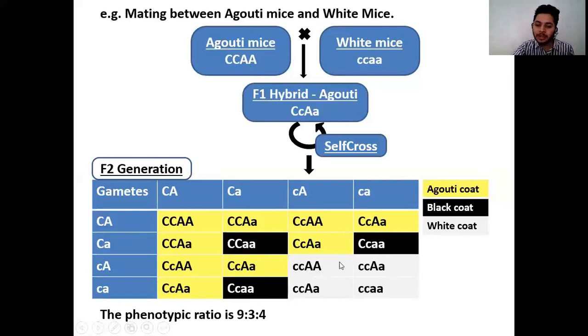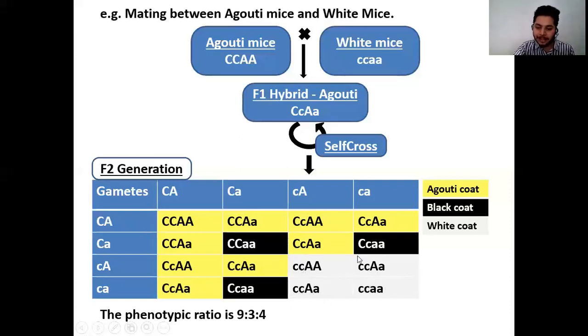Now the remaining 4 offsprings, in all these 4 offsprings, the epistatic locus is occupied by the recessive genotype. So here you see small c in all the 4 different genotypes. Here the epistatic locus will express itself in the homozygous recessive condition and will not allow the expression of my hypostatic locus in whatever condition it may be. So irrespective of that, my epistatic locus is going to express, and the coat color is going to be a white coat color.